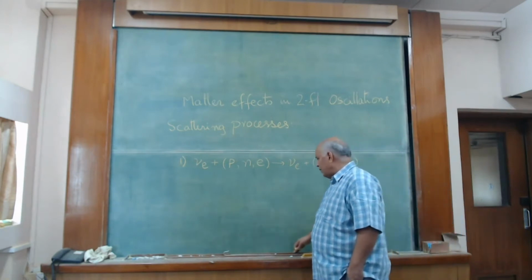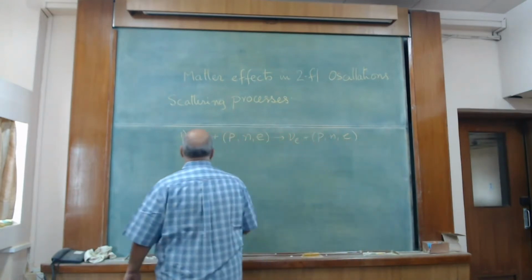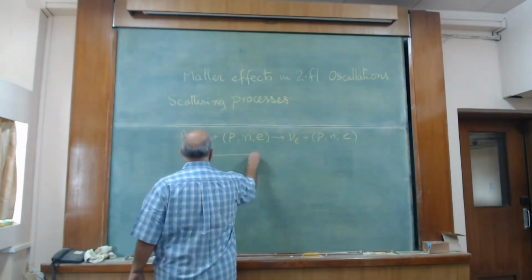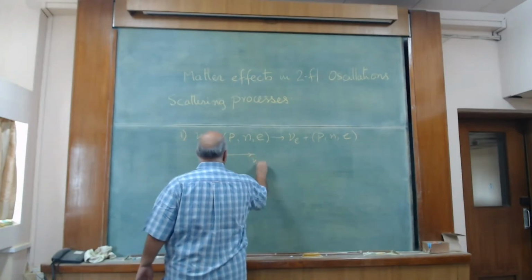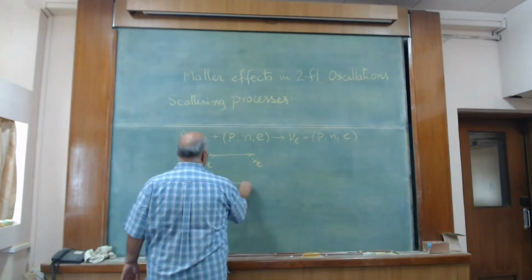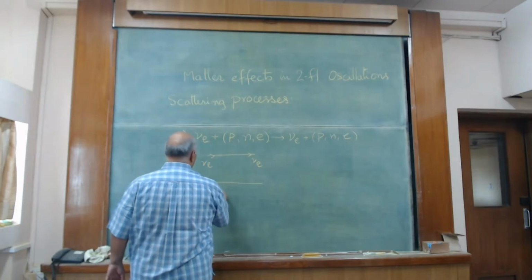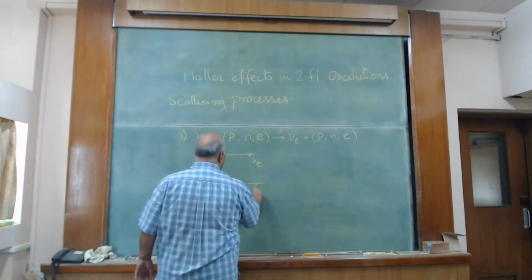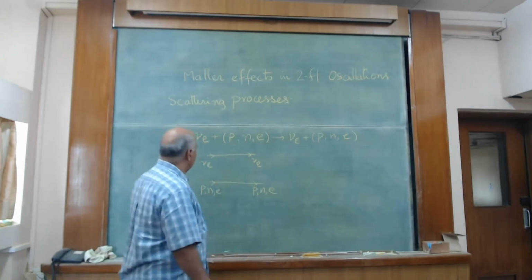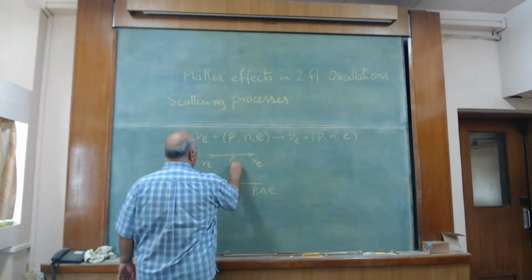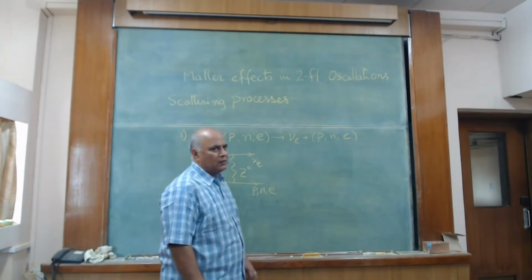and if I try to draw a Feynman diagram for it, it would look like there is a nu e coming in and a nu e going out, and there is a proton or neutron or electron coming in and the same particle going out, and they can exchange what is called as Z0.